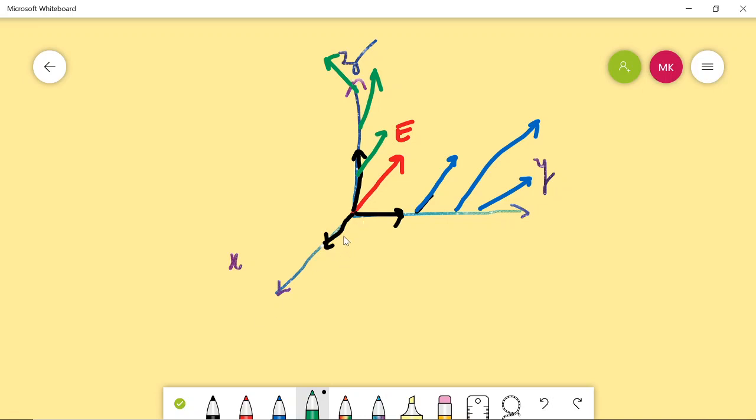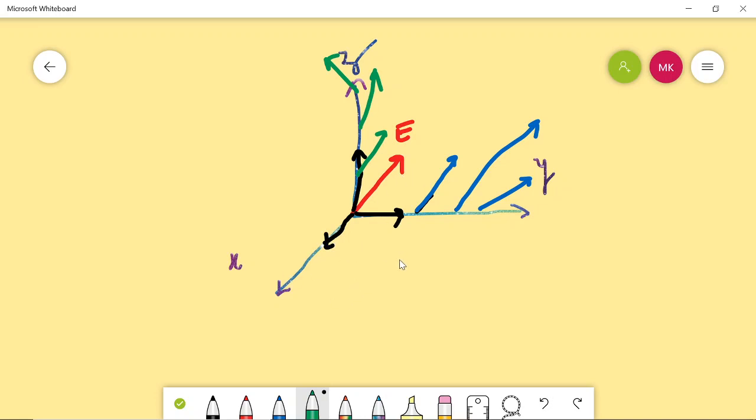Similarly in x. So E has three components, and if you look at different points in space, E may have the same magnitude or may vary, or the direction may be constant. For example, in the x direction, E may remain constant, with the same direction and same magnitude.